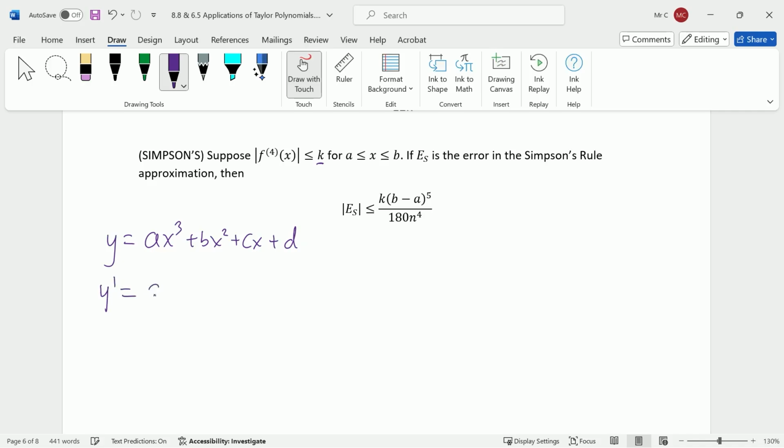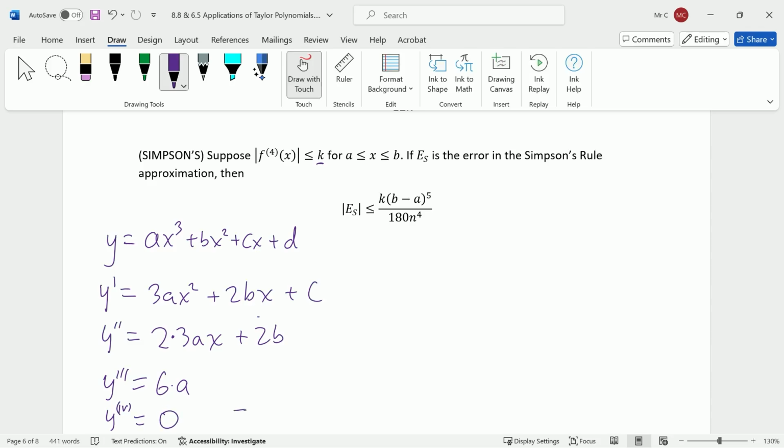Then its first derivative is 3ax squared plus 2bx plus c, and the second derivative is 2 times 3ax plus 2b. The third derivative, well, 2 times 3 was 6, so this is 6 times a, and then the fourth derivative is 0.